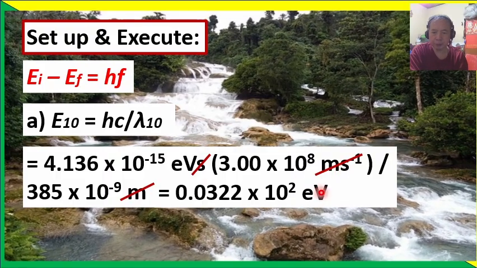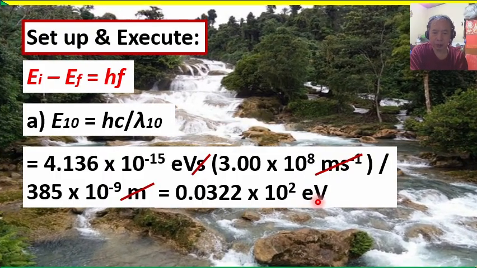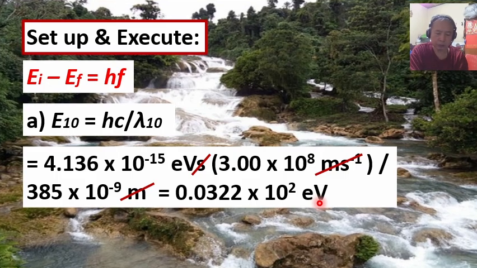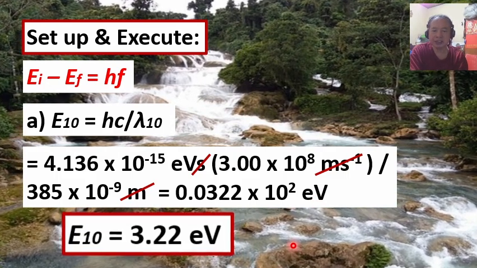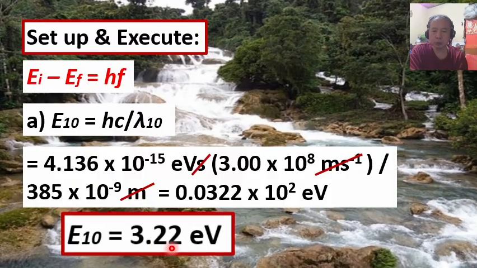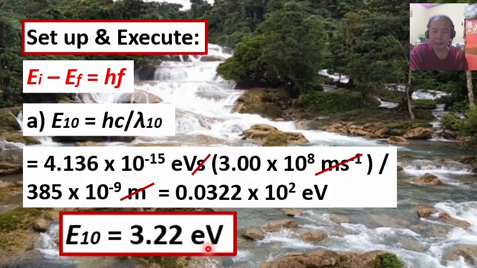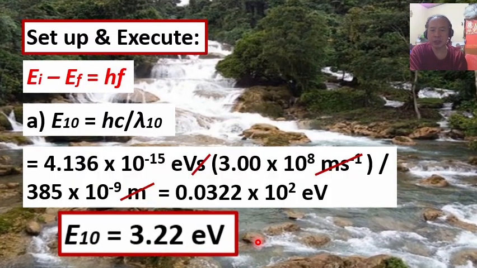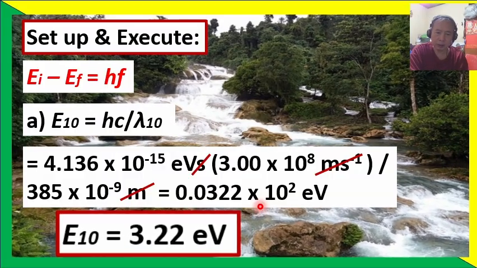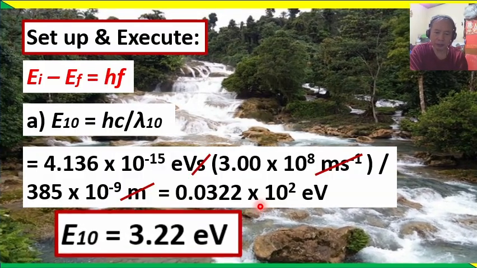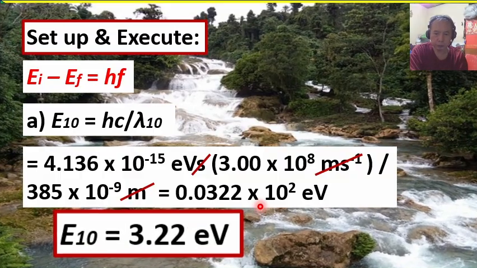So we are only left with the unit electron volts, which of course can also be expressed as 3.22 electron volts. So this is the amount of the photon energy E sub 10.